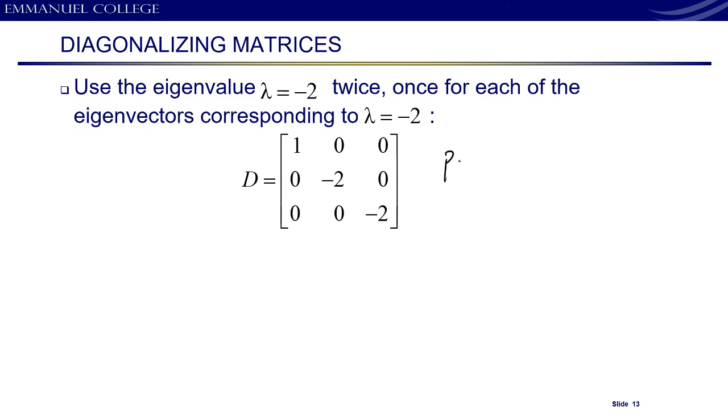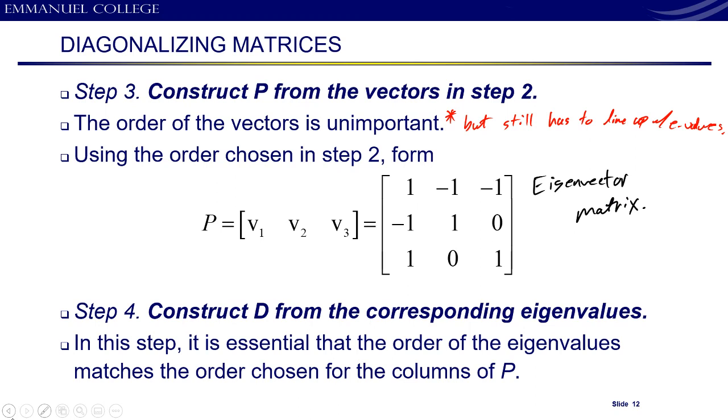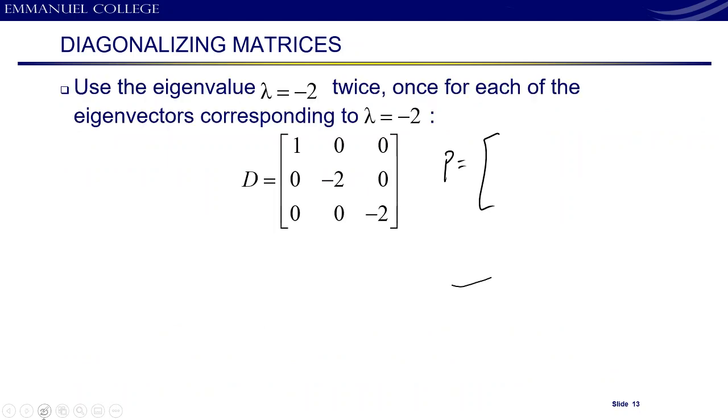So we said P was one's along the diagonal, a -1 here, -1 here. This was -1. So that would all correspond.